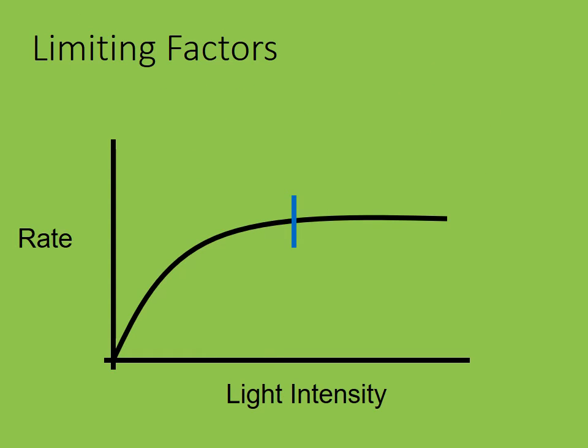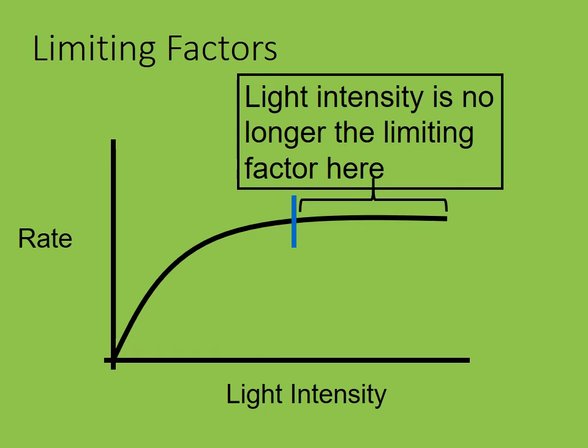Whereas when we think about the second part of the graph, then of course light is no longer the limiting factor here, and it's no longer the limiting factor because when we increase the light intensity, we see no concomitant increase in the rate of photosynthesis. So increasing the light intensity here does not increase the rate of photosynthesis, therefore it cannot be the limiting factor.